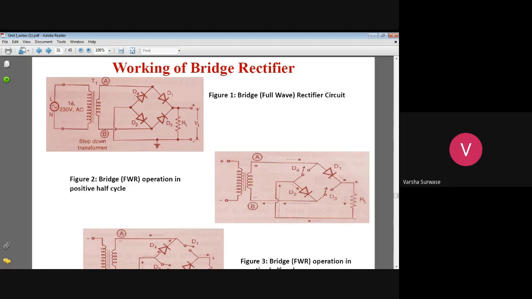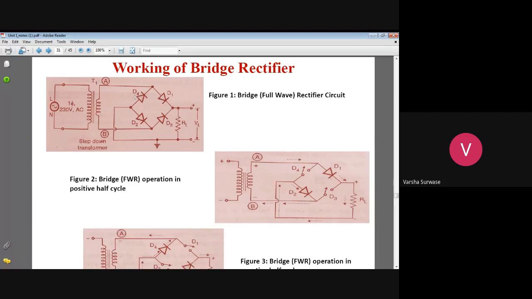Now see the working of the full wave bridge rectifier. We have seen that for the half wave rectifier, the transformer is used only for the positive half cycle. But here you can see that the transformer is used in both half cycles.